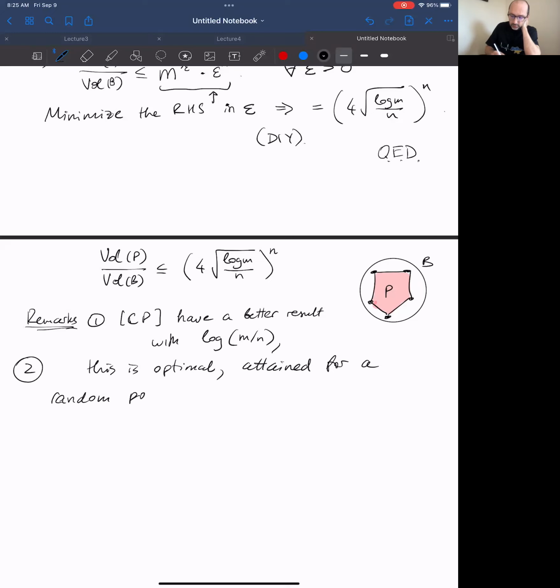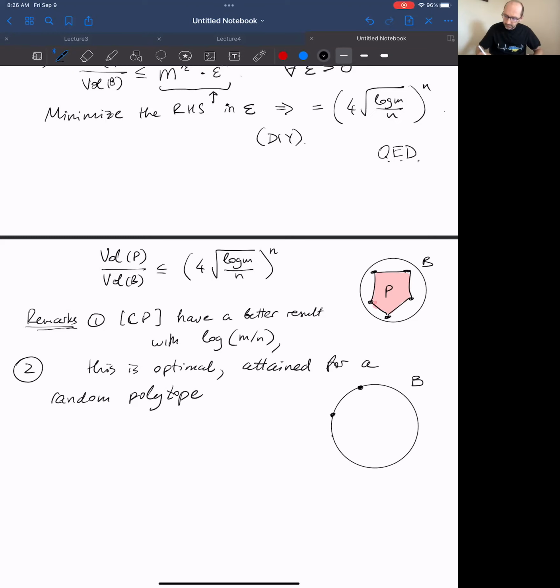A random polytope. It's a very active area of study in probability, in geometric probability, random polytopes. And you construct the random polytope as follows. You take the unit ball B, and you just drop random points. Just throw darts on it. You can throw darts inside the ball, or you can throw the darts on the perimeter.